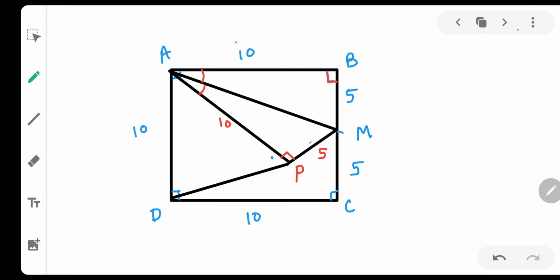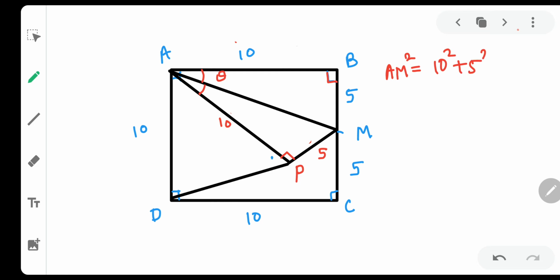Now, let us try to understand what is that angle. So let us call this angle theta. Very good. And let us try to calculate AM. So by Pythagoras I will calculate AM. I will show that because some of you might not understand this at first go.